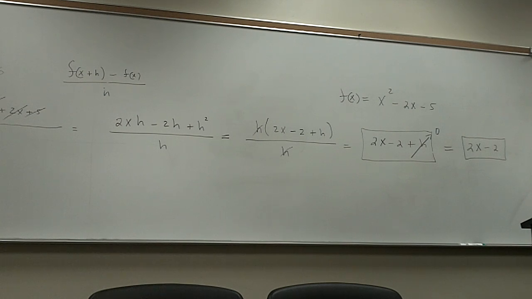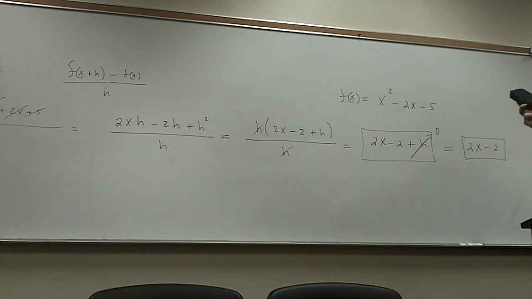Can you imagine taking a problem to the 4th power and plugging in x plus h and raising that to the 4th power? You'll be there quite some time working the problem. But doing this is defining for you actually what you're doing.